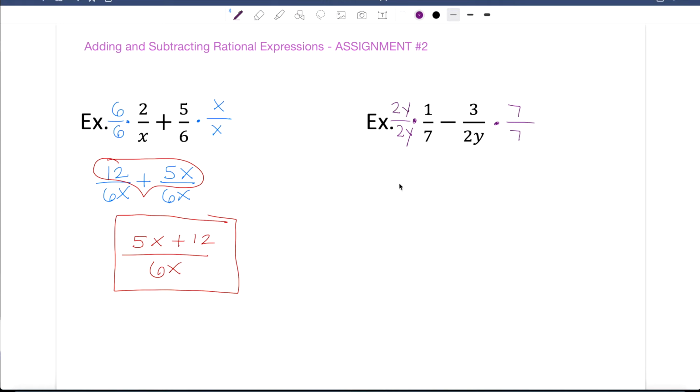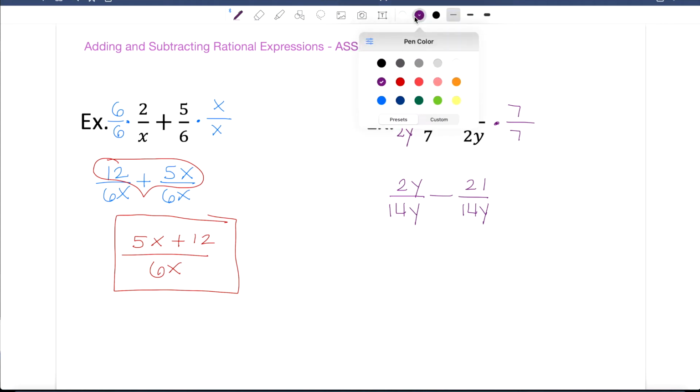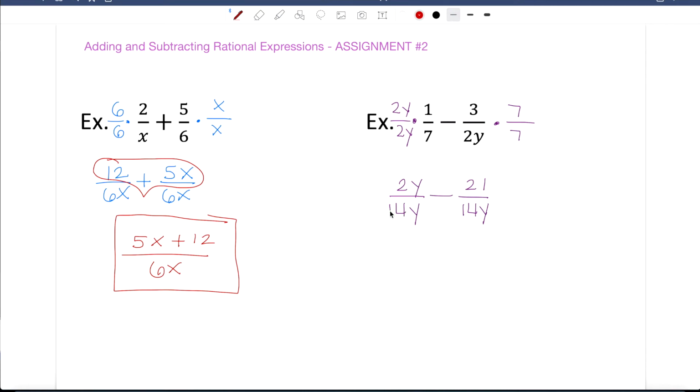2y times 1 is 2y. 2y times 7 is 14y. 3 times 7 is 21. 2y times 7 is 14y. And the problem's asking us to subtract. Same denominator, just focus on the numerator. 2y minus 21.